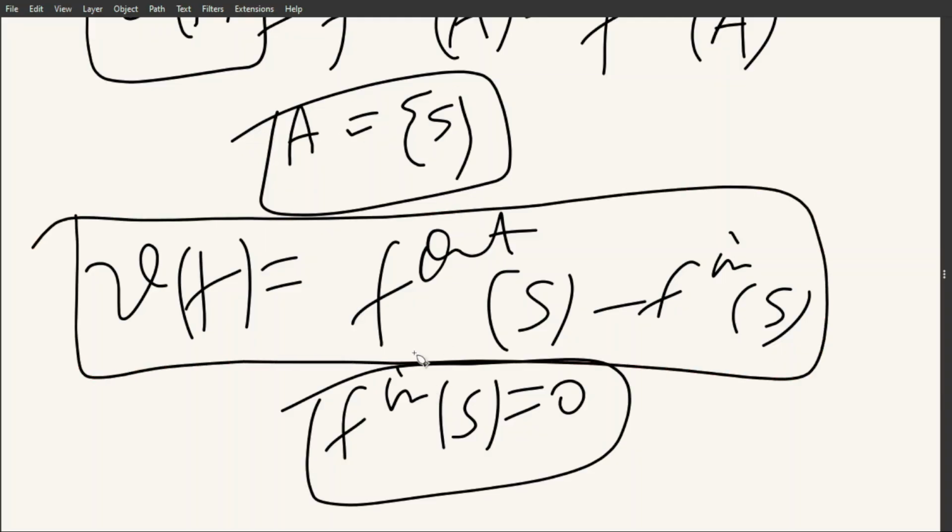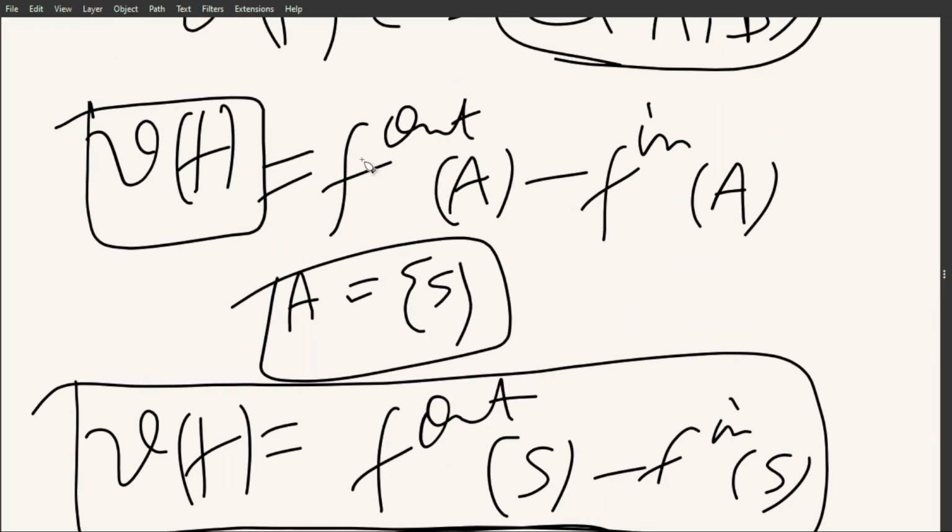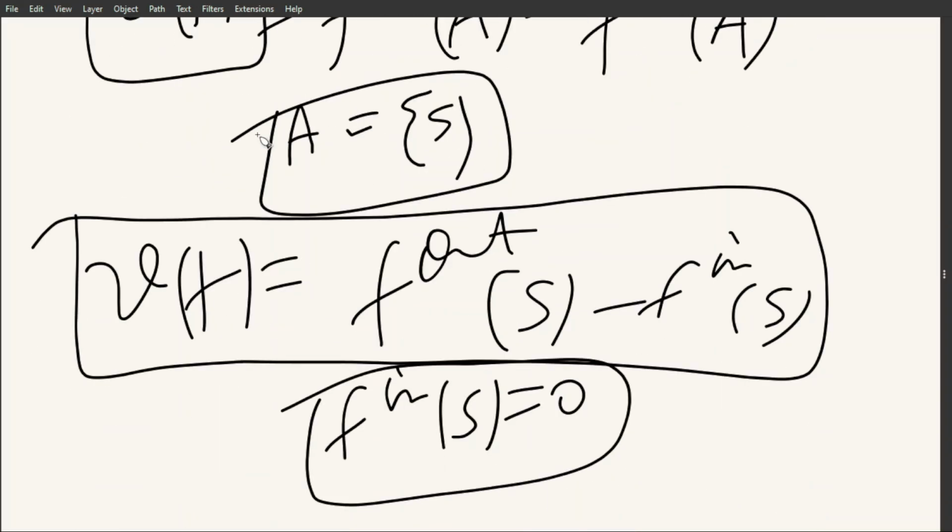The value of the flow is f out of S minus f in of S for the source vertex, and also, for any cut (A, B) where S is in A, f out of A minus f in of A. That is also equal to the flow generated at the source. Both cases are the same. Let this be the first equation; we will compare the equations.